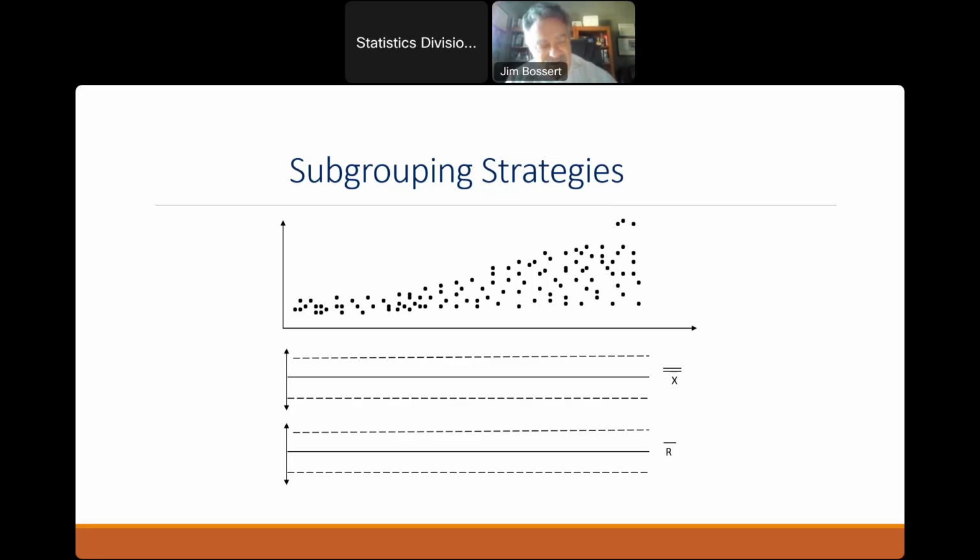Now, notice I didn't mention specification till just now, and that's simply because I didn't want to. Specifications have no meaning in a control chart. We look at the control limits and see how the control limits work and what they're doing. We're looking at that variation and saying, how do we make it work for us?